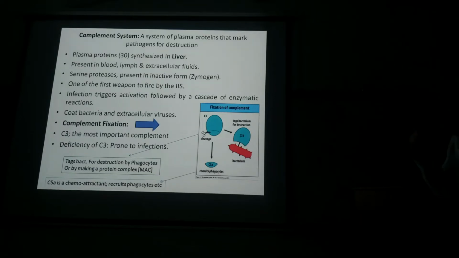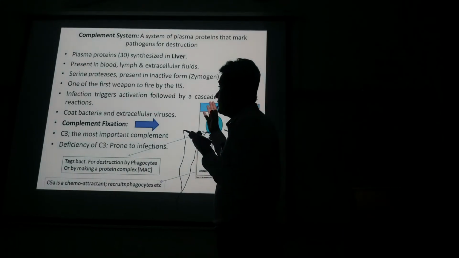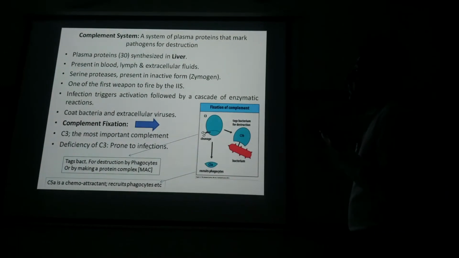They are activated when they see some kind of pathogen that does not belong to the body. This is the first weaponry used by the innate immune system against all those aliens which enter the body.